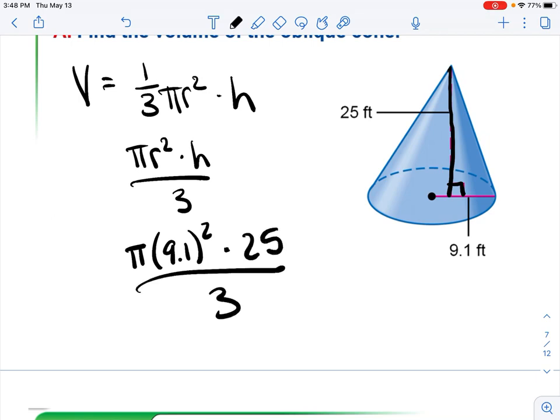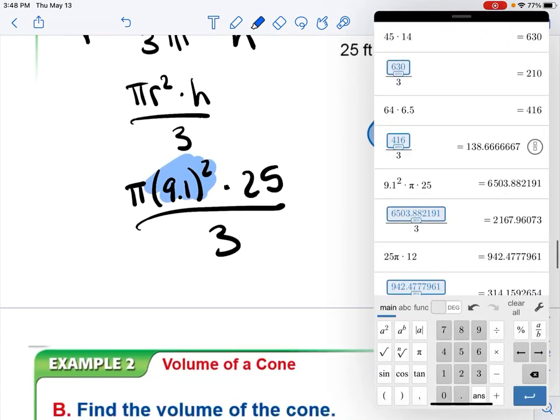Plug in your info. Make sure you square first. So you take 9.1 squared times pi, then times 25, and we get 6,503.9.